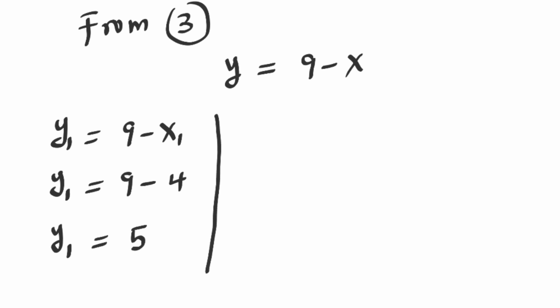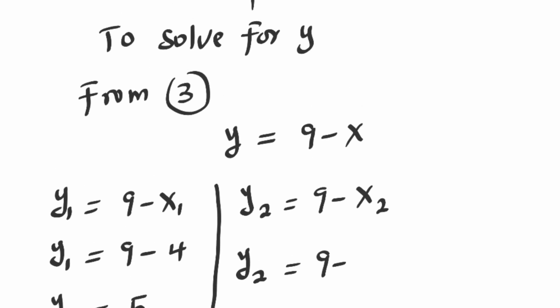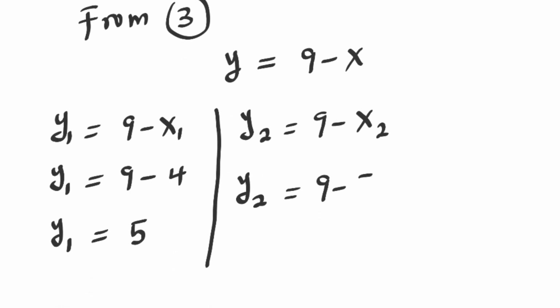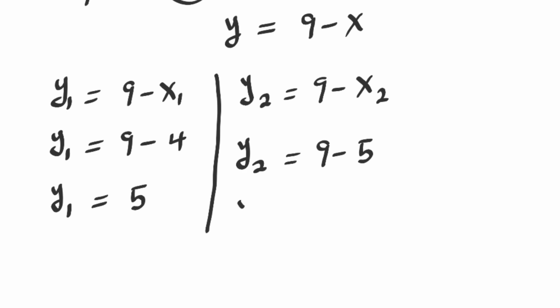This is 5. Then y2 is equal to 9 minus x2. y2 is equal to 9 minus x2, which is 5. y2 is equal to 9 minus 5, that is 4.